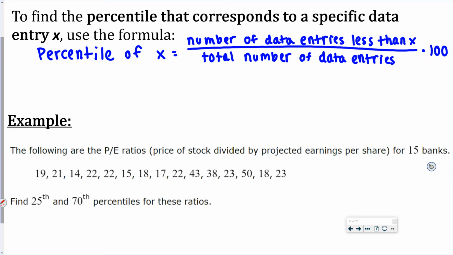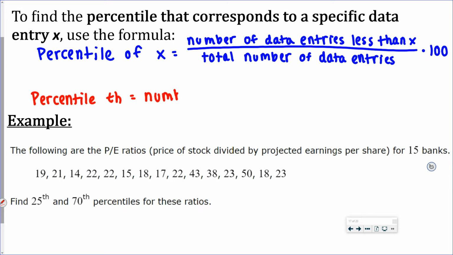If you're asked to find what number is the 25th percentile, like what's that cutoff, then you're going to use this formula in red that I'm going to do. So this is when you're given the 25th or 70th percentile.